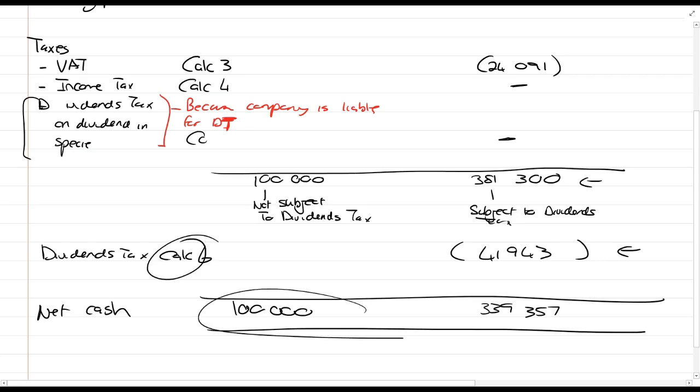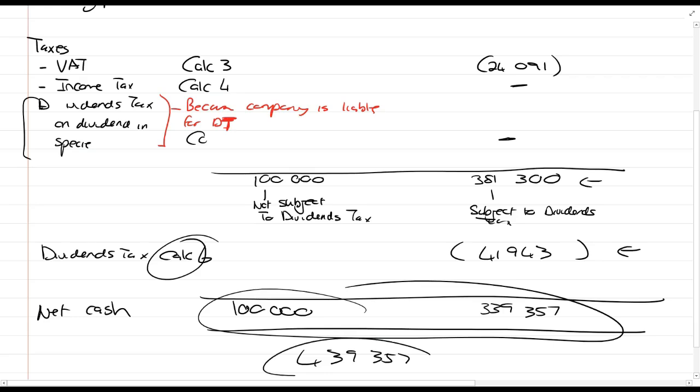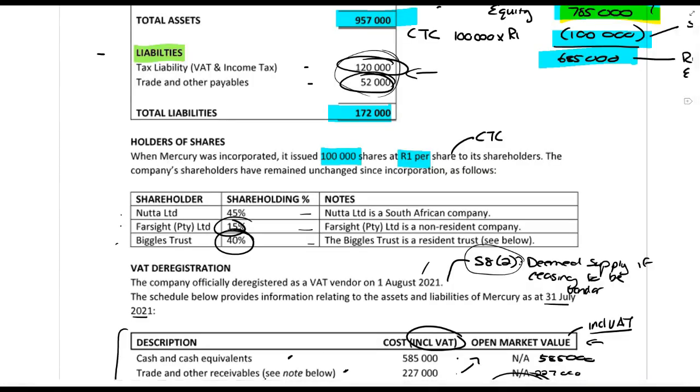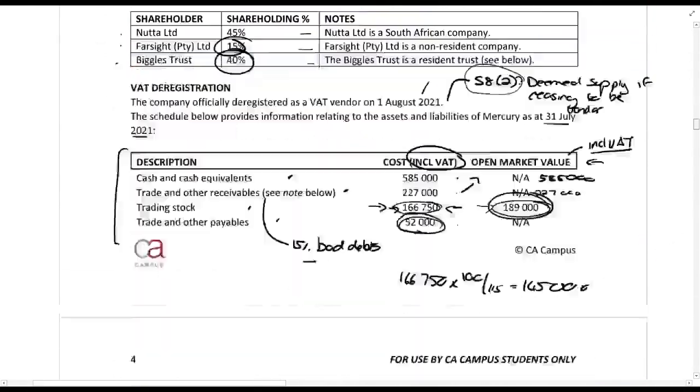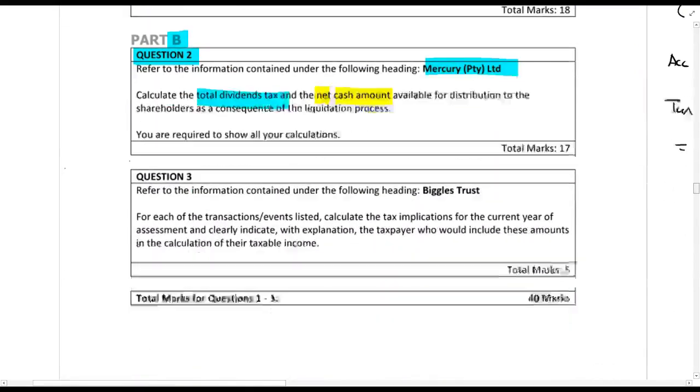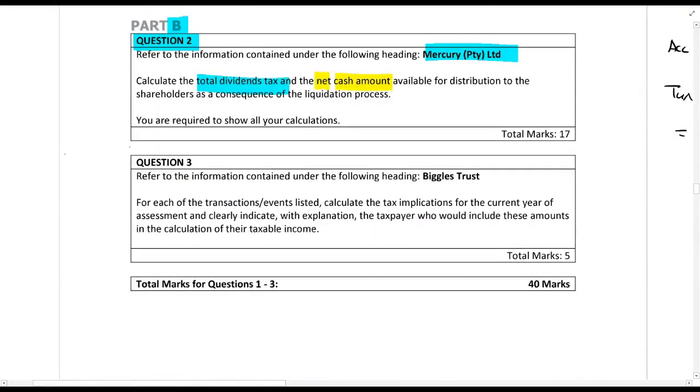So the sum of these two together, 439,357, is the total amount of cash that the shareholders will receive. Each of them will obviously get their own share. Okay, and we'll continue with question 3 in our next video.